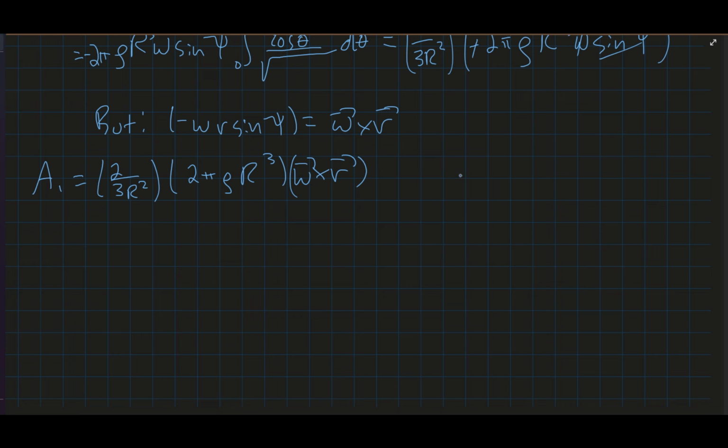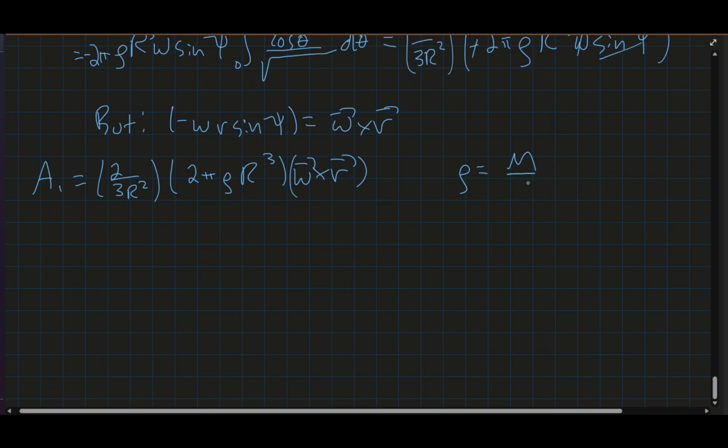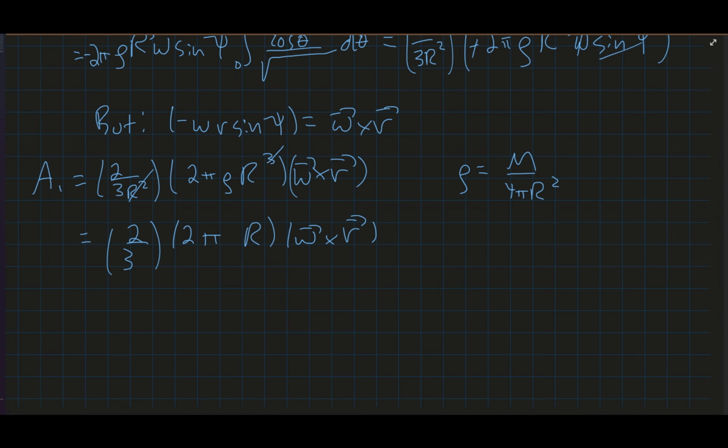First, remember that density is just mass over either volume or, in this case, surface area, because it's a spherical shell. So we get a 4 pi r squared in the denominator, and we can simplify this once more. So 2 over 3 r squared, and actually, let's get rid of the r squared here. Because of that, we get 2 pi rho r omega cross r, and I forgot to get rid of the rho, so let's just erase it and write what it is.